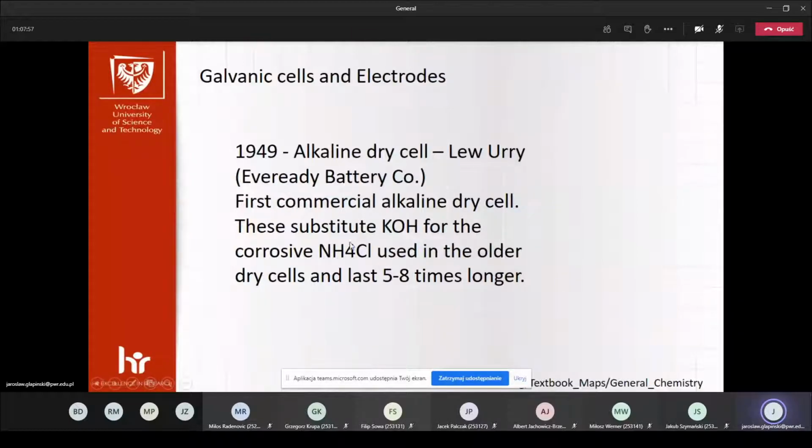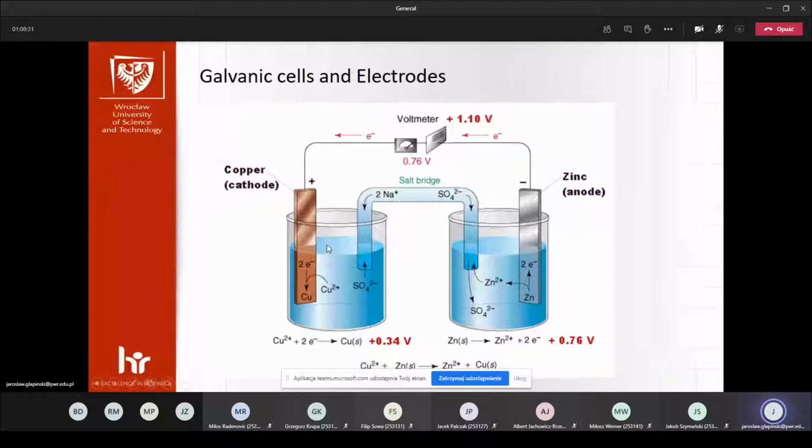Because we do not use so much of the zinc and copper, but use other materials, in this situation we could have better batteries. Okay, but still we were not able to reverse this process, so it could be used only once. So it's not the best solution because we have to throw these elements away. It is not a very good solution.